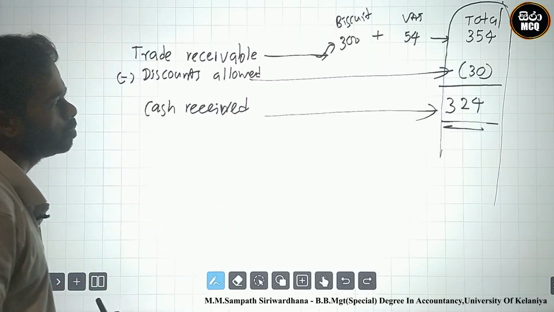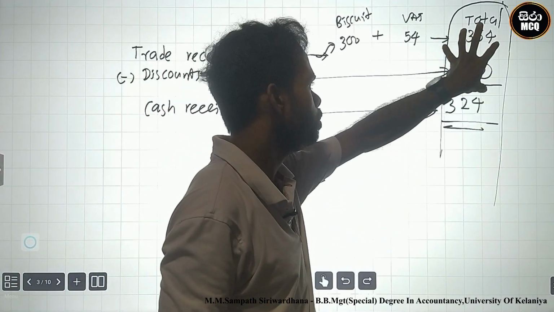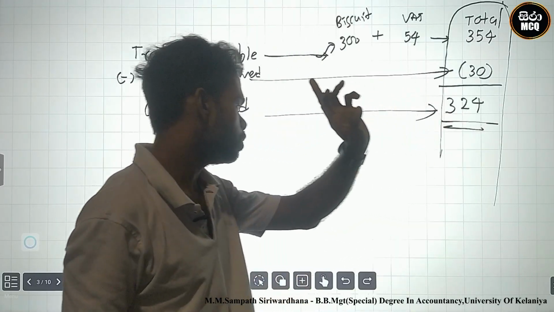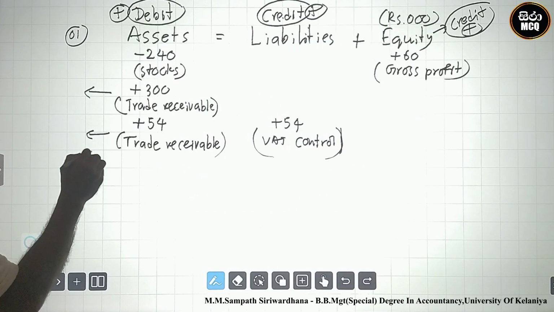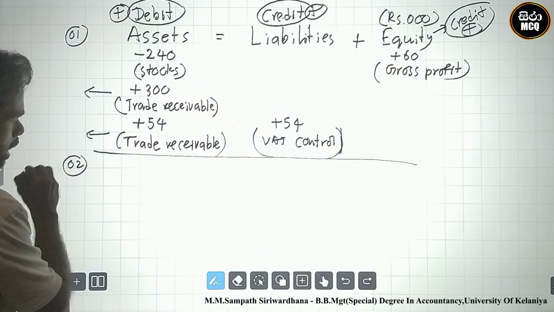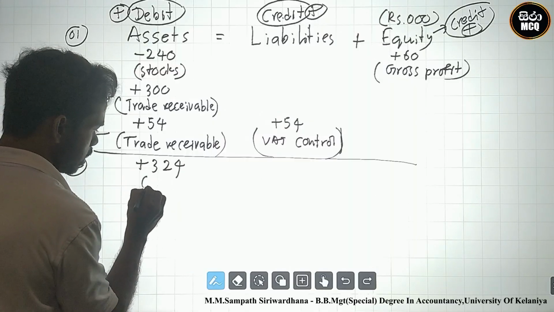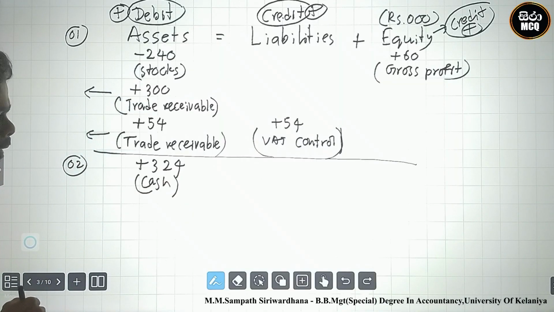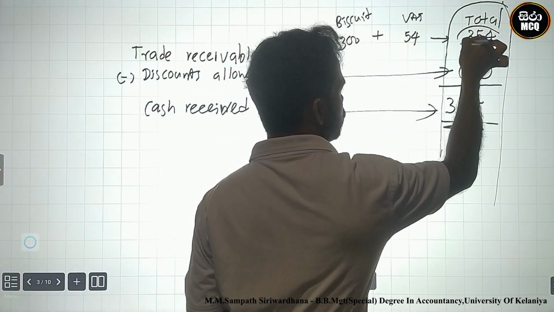Let's see, look here, this is the transaction's final impact. Cash we can collect 324. This transaction is the next one. This is the 2. Cash collected 324. This is the cash. At that time we settle all 354.